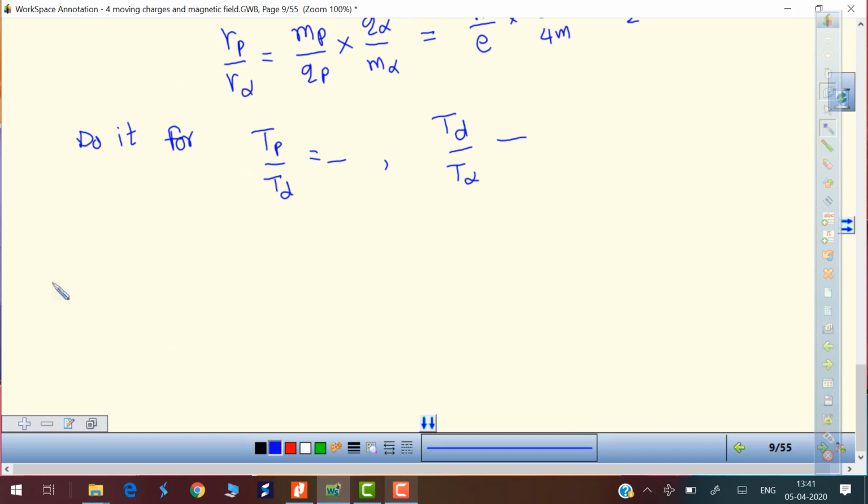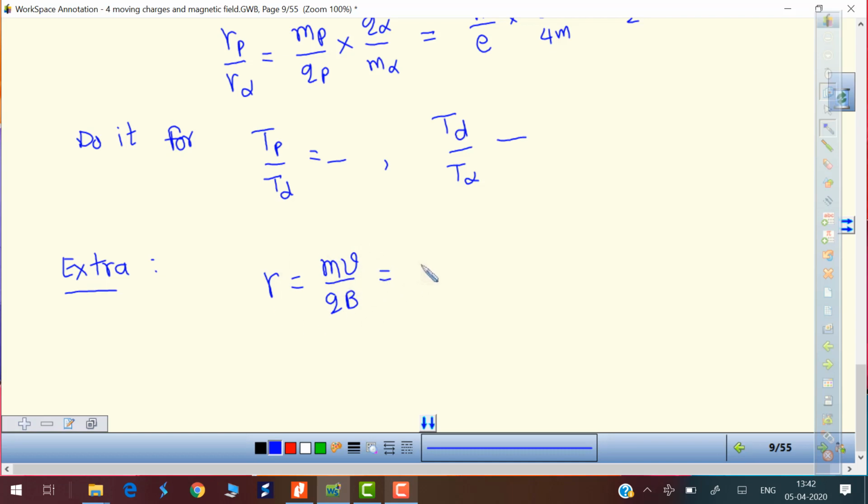Still I want to discuss a little bit more about this formula. Radius is given by mv upon qB. So if you are given the velocity of two particles as equal, then use this formula. But sometimes they give kinetic energy.